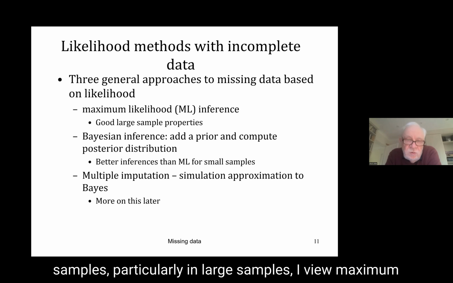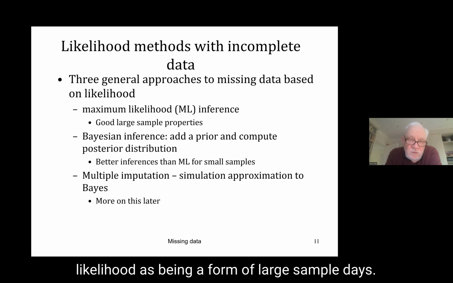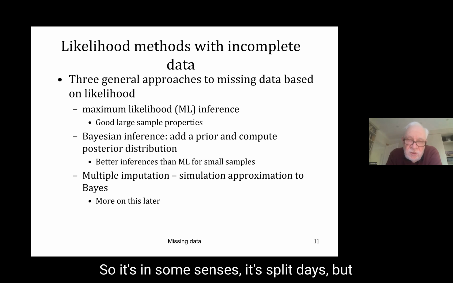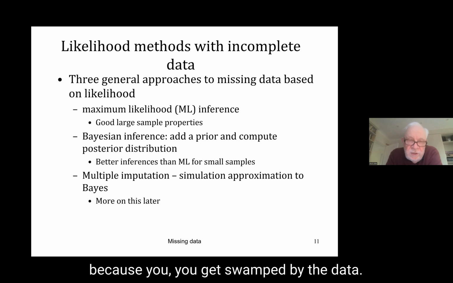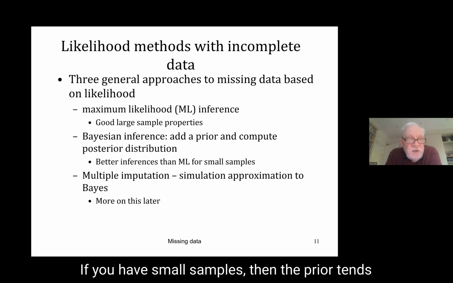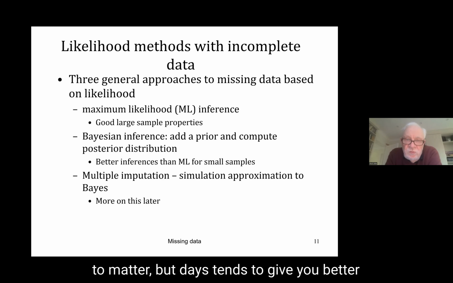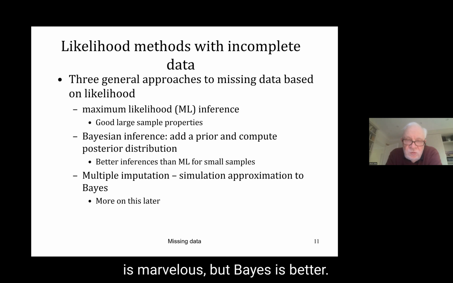In large samples, I view maximum likelihood as being a form of large sample Bayes. So in some senses it's the Bayes, but you don't have to worry about the prior because you get swamped by the data. If you have small samples, then the prior tends to matter. But Bayes tends to give you better inferences than the maximum likelihood. So in my view, maximum likelihood is marvelous, but Bayes is better.